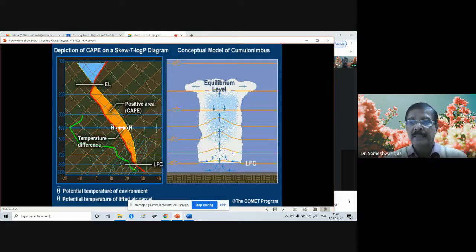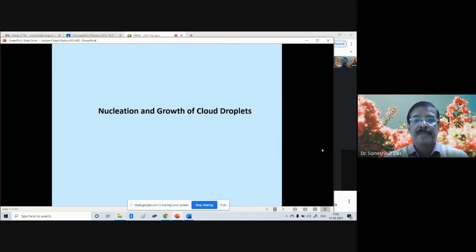There, condensation can take place at a lower supersaturation. This is how cloud water droplets start forming in the atmosphere. We shall talk in detail, more mathematically, about the nucleation and growth of cloud droplets in this lecture today.